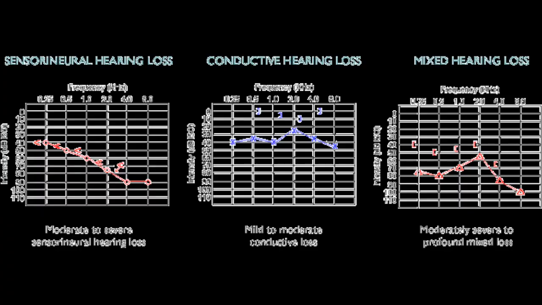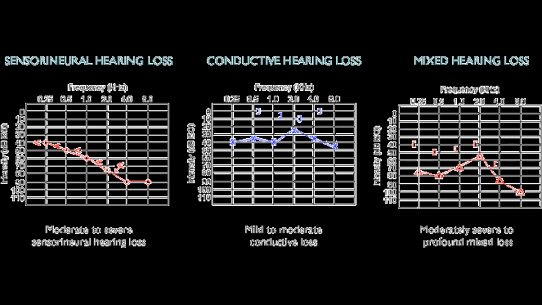These are pretty high yield. In a sensorineural hearing loss, what you first will see is a slope down, and a commonly asked question is, what is it called for age-related hearing loss? And that is presbycusis.